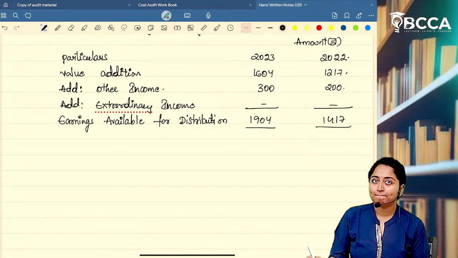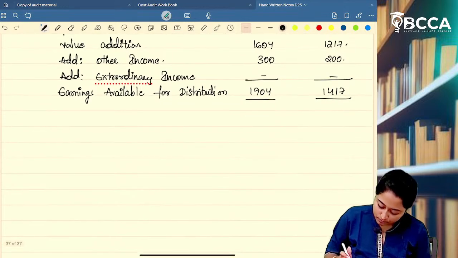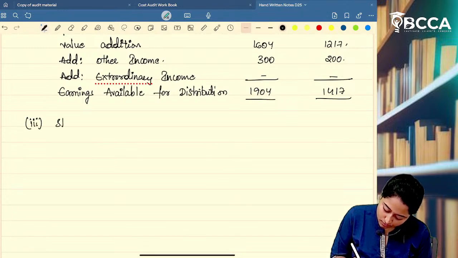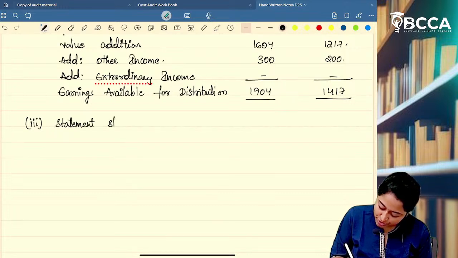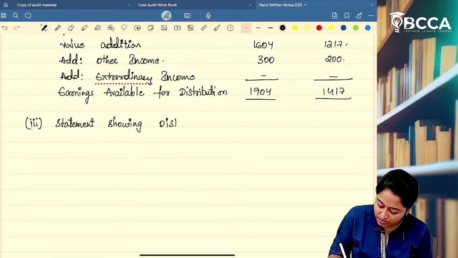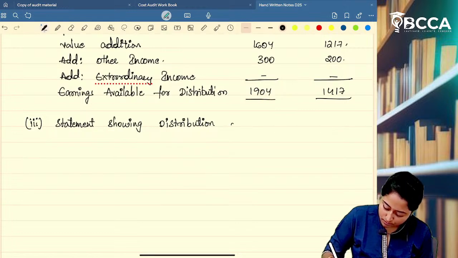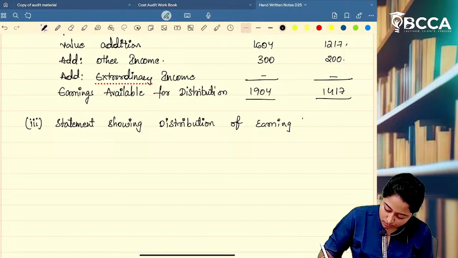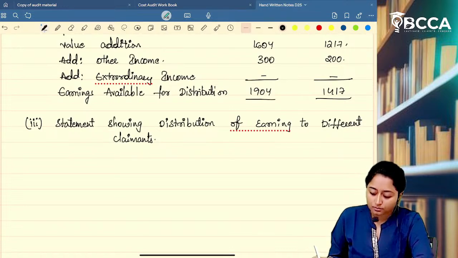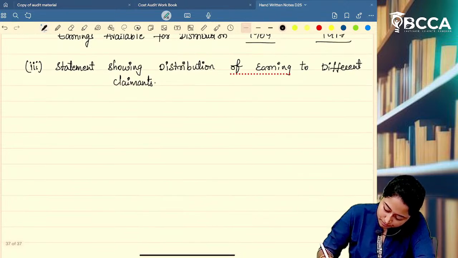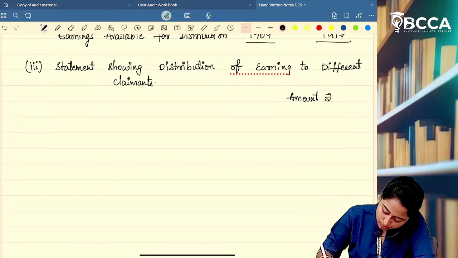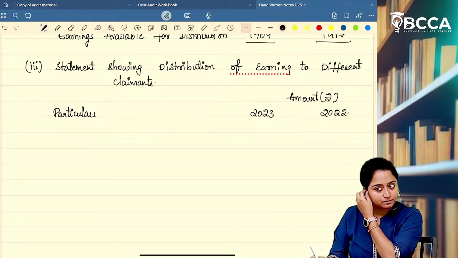Okay. Now third will be our statement showing distribution of earnings to different claimants. Okay.